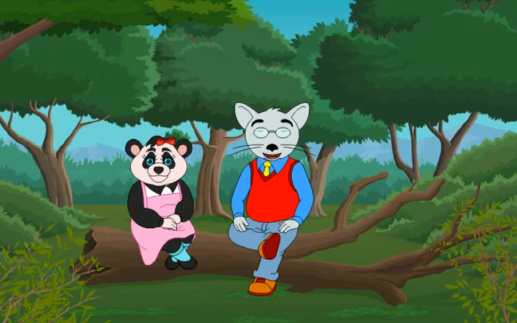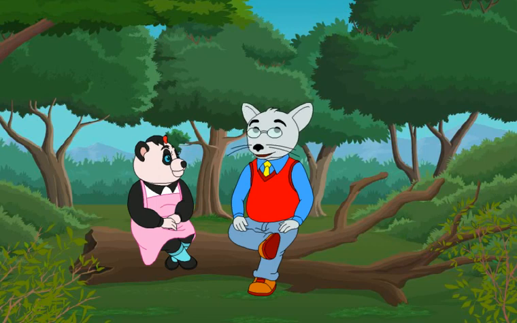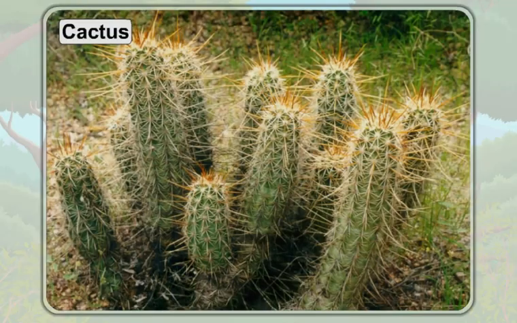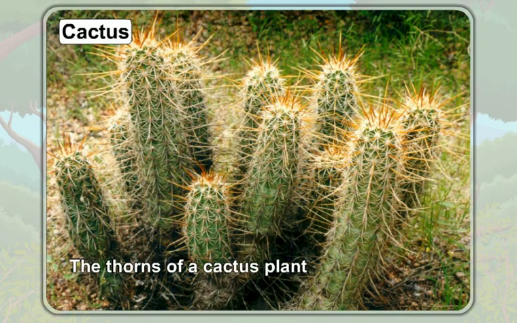If a cactus had flat leaves instead of thorns, more water would evaporate out of its body. And due to the loss of water, the cactus plant would die very soon. But the thorns of a cactus plant do not allow the evaporation of water.